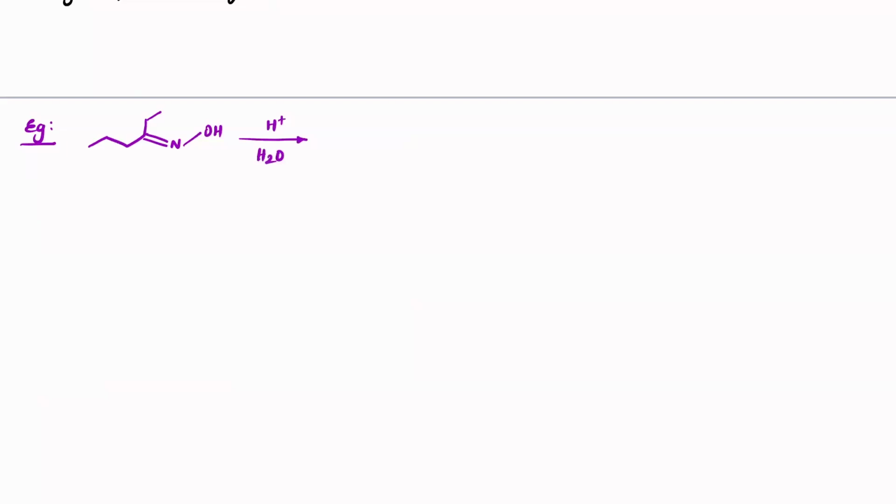You only check what is anti to this OH. For O, this propyl is anti. So you will make ethyl, and after ethyl we have a double bond O, and then NH, and to that we have a 3 carbon group. So this is the product you will report.